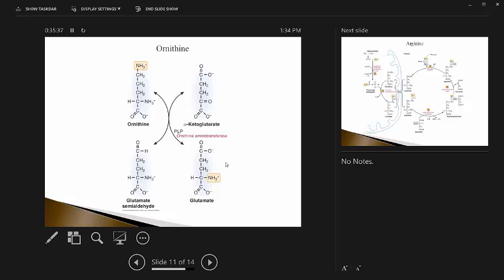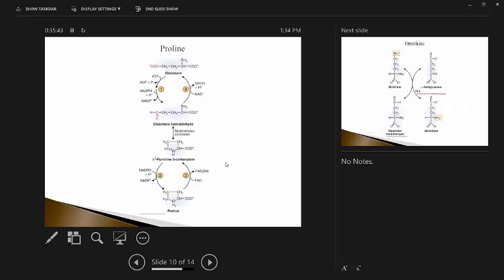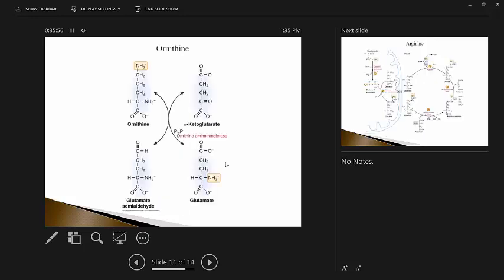This glutamic acid semialdehyde we get the same way. So one molecule of glutamate goes to glutamic acid semialdehyde, and the other one goes to alpha-ketoglutarate. This semialdehyde is going to contribute the carbons, 1, 2, 3, 4, 5, and this is going to contribute the amino group.